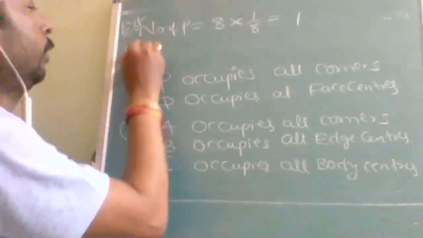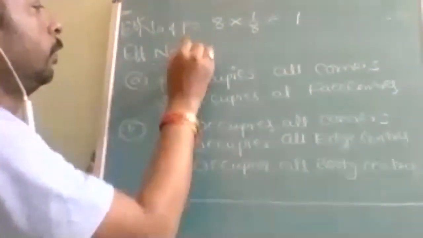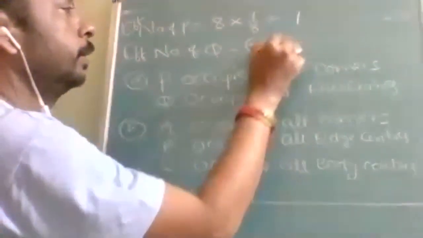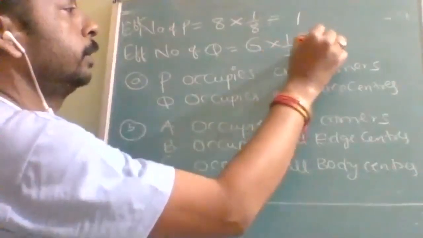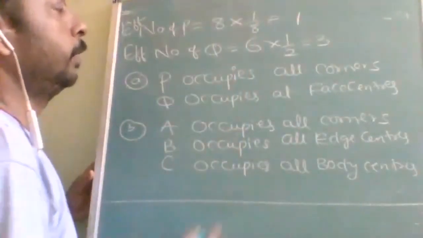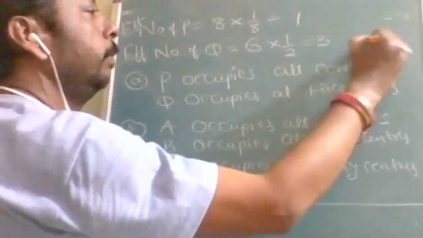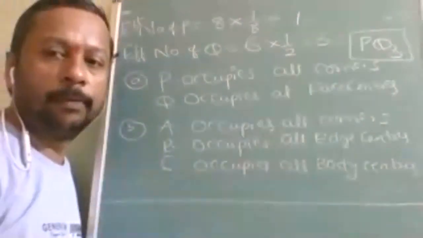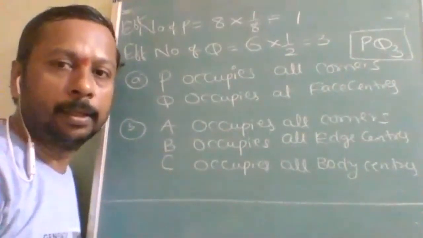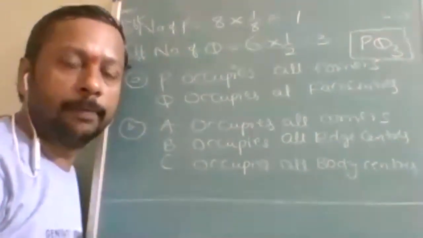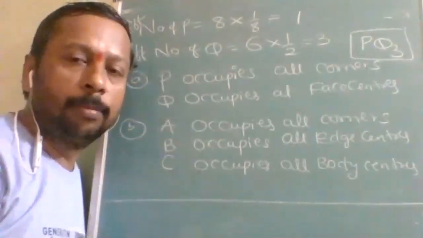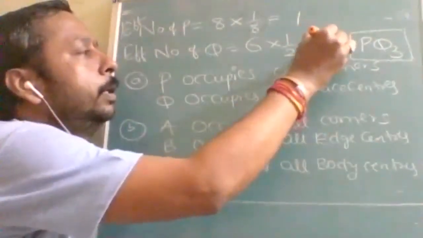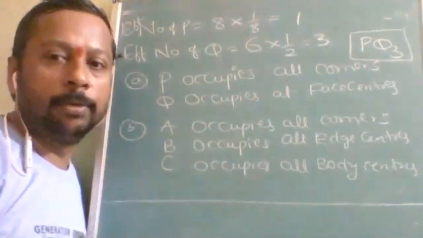So the effective number of Q: face centers are 6, and the contribution is 1 by 2, so it will be 3. So the formula will be PQ3. The empirical formula is PQ3, where the effective number of P is 1 and of Q is 3.